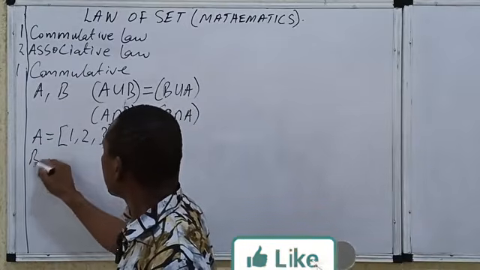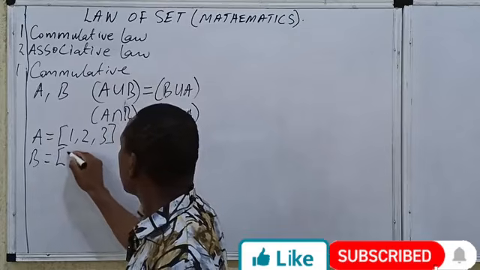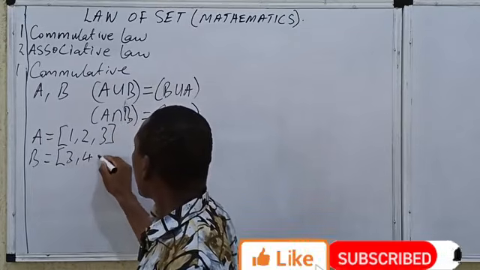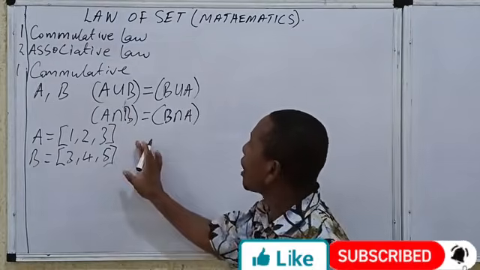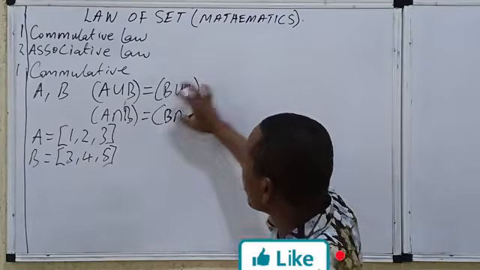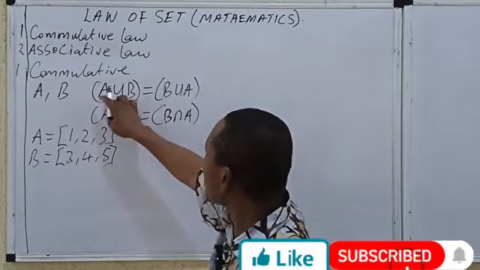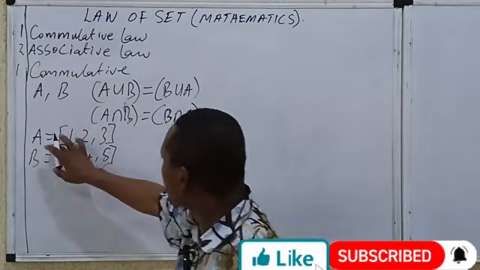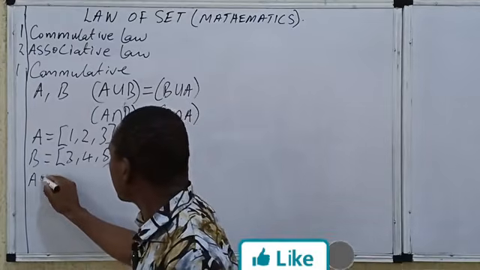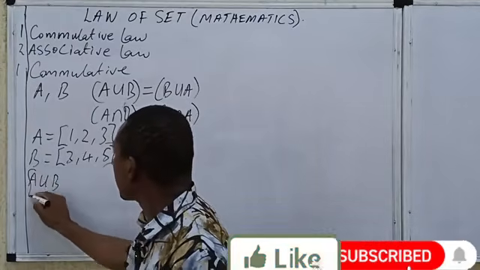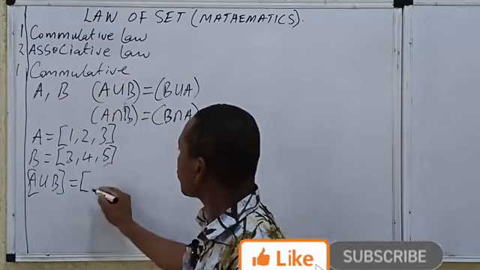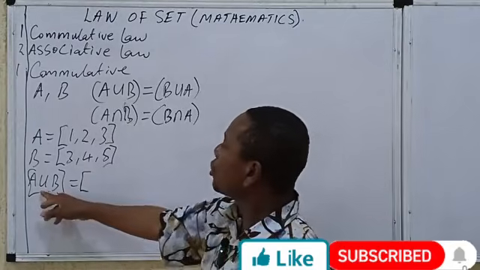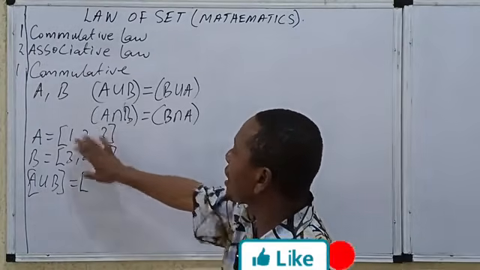3, 4, 5. Now, let's prove that this statement is true and this statement is true. So let's look for A union B. Remember union, you pick all the elements in both.